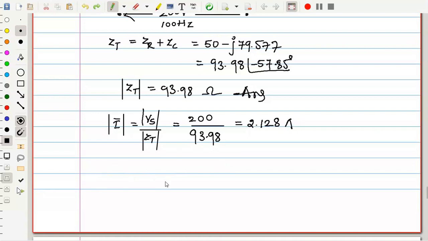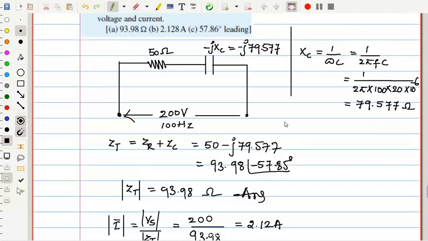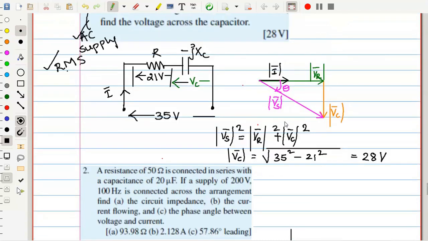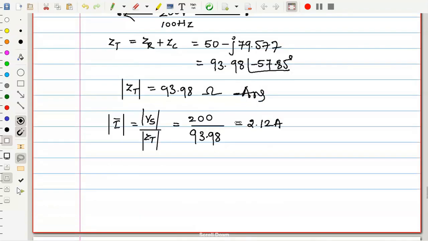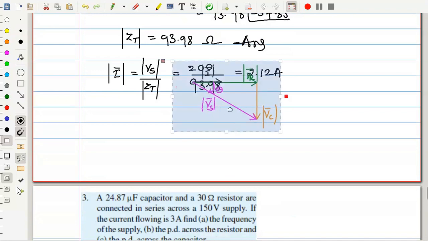If you think about all these things, you can observe that previously we drew the phasor diagram. This is an RC circuit. In an RC circuit, what kind of phasor diagram did we get? Just now we drew it, so this kind of phasor diagram we get. Let me put up this diagram over here.